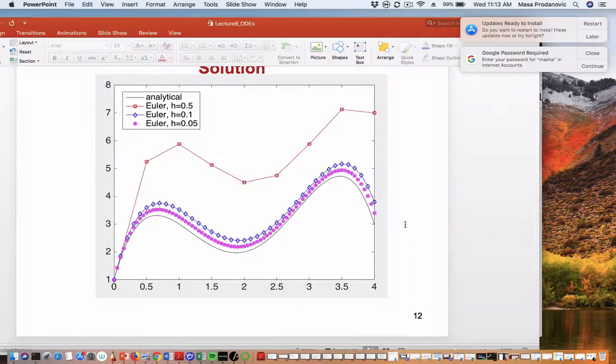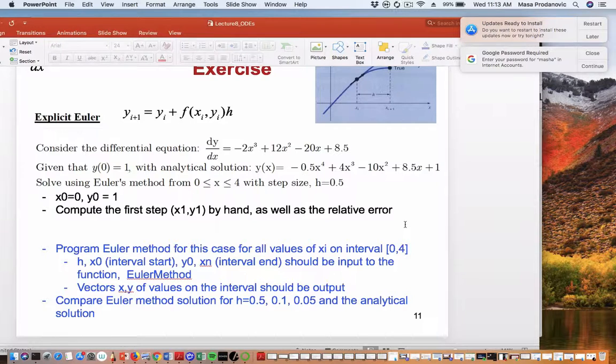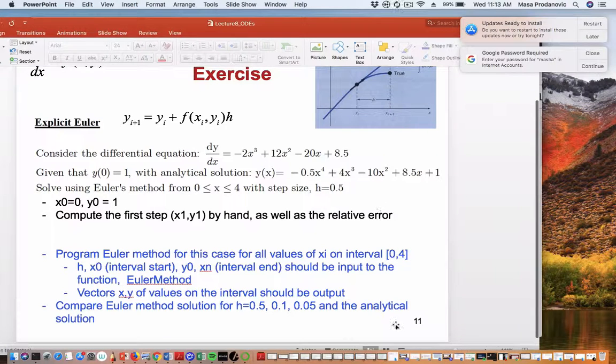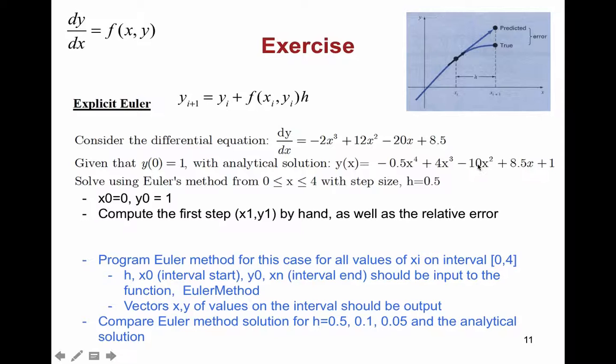Okay, so we programmed Euler's method last time. This is a very simple numerical method for solving ordinary differential equations. Every time we are solving, we need to have a starting point. It's an initial value problem.